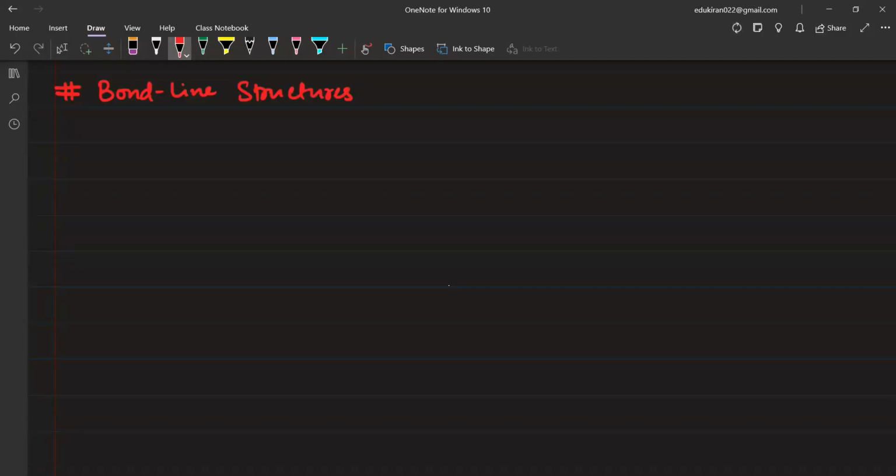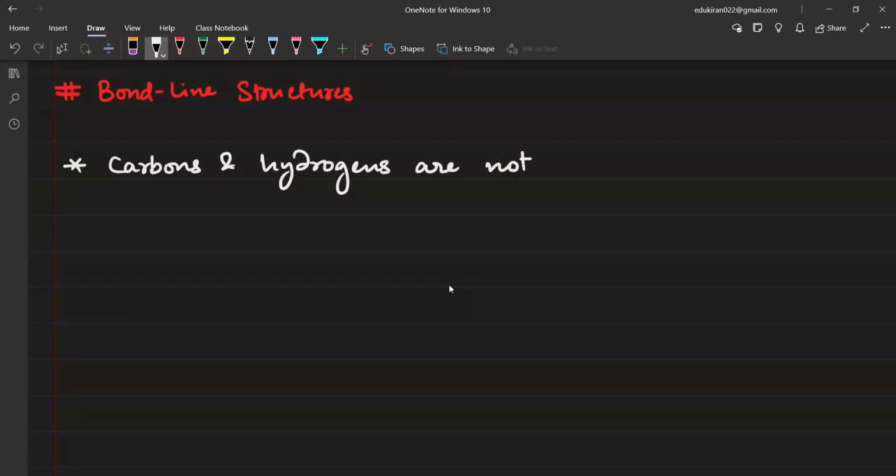For bond line structure, where should I start? First of all, carbons and hydrogens are not shown explicitly. So it is not represented like that. Carbon and hydrogen are not visible, you will never see carbon and hydrogen, okay, they are not shown explicitly.